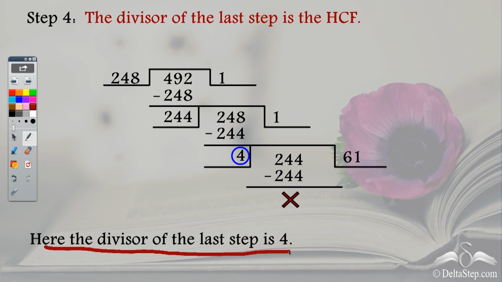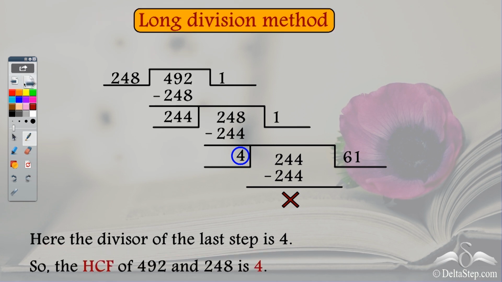HCF of what? HCF of these two numbers. So the two numbers with which we started. So 4 is the HCF of 492 and 248. So this method of finding the HCF is called the long division method because you need to divide one number by the other number.